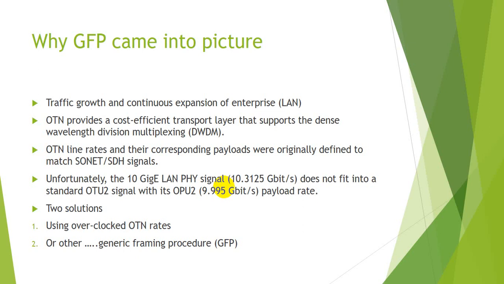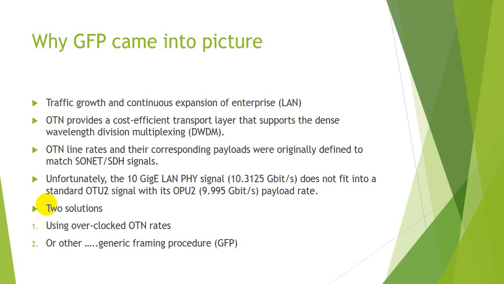There are two solutions to overcome such issues. Either you increase the rate of the OTN frame, meaning you reduce the timing so that it runs faster, and then you get the required data rate for any technology to be transported.